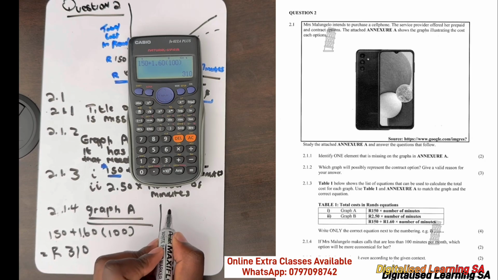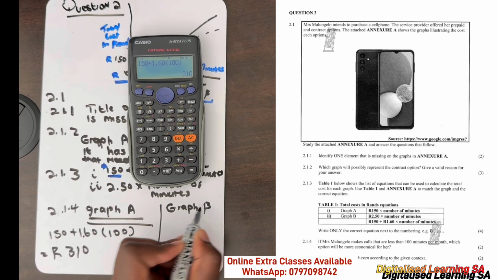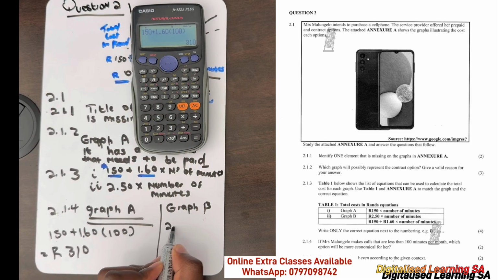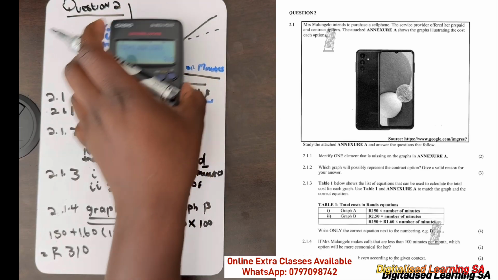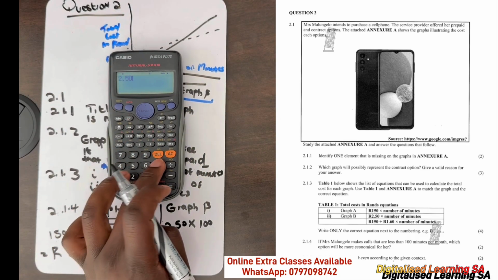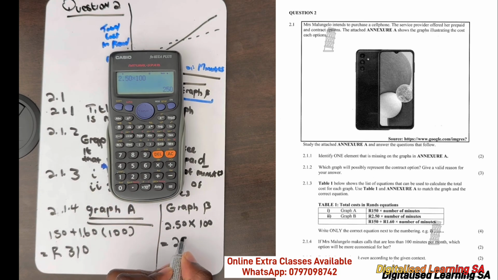Okay, so for graph B, let's do the same. We know that the equation for graph B is 250 multiplied by the number of minutes. So we'll just multiply by 100 minutes. If we plug that into our calculator, we have 250 multiplied by 100, and our answer will be 250.